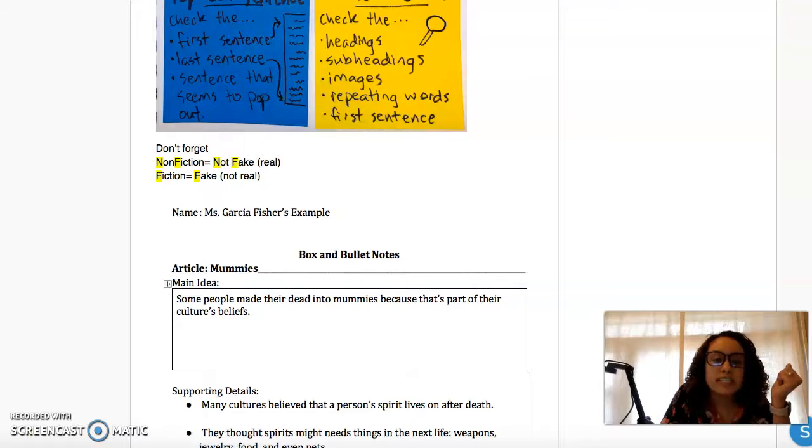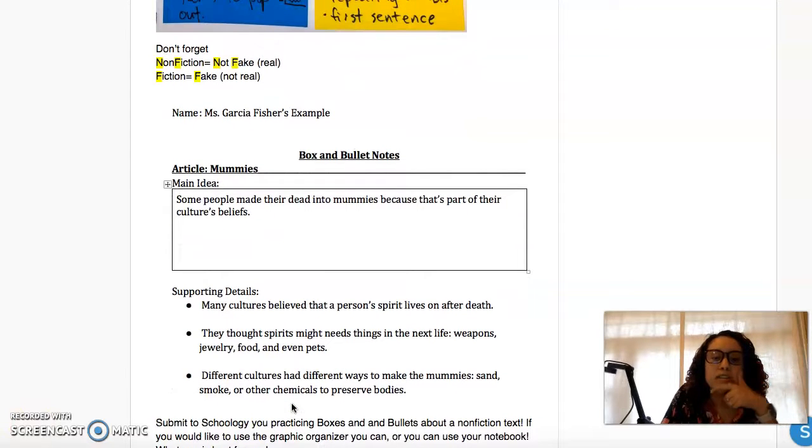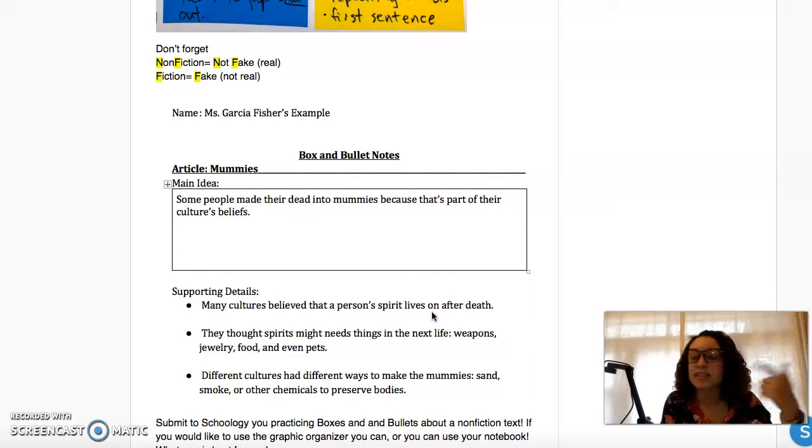So some supporting details that I would include for this were that many cultures believe that a person's spirit lives on after death. I can point right to the text where that is a supporting detail. Right after that, I could also think about how the spirits need things for the next life. They need weapons, jewelry, food, and even pets, which is kind of sad if you think about it, because that probably means they had to kill the pet to bury it with the mummy.